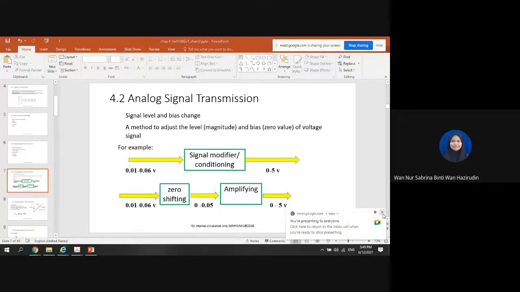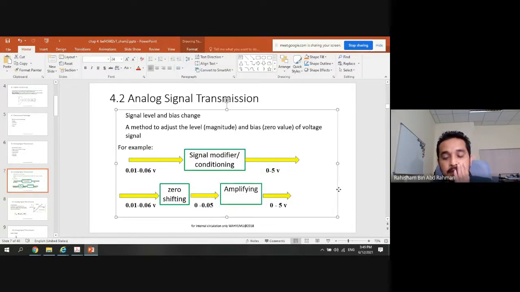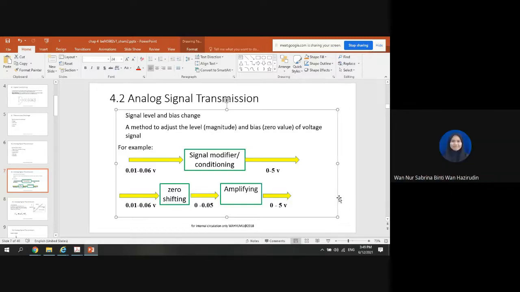Yes, Doctor. Okay, Sabrina, what do you think? If I amplify this value first, then do the zero shifting circuit, it means the circuit swaps between these two. Can we do that or not? I think can.